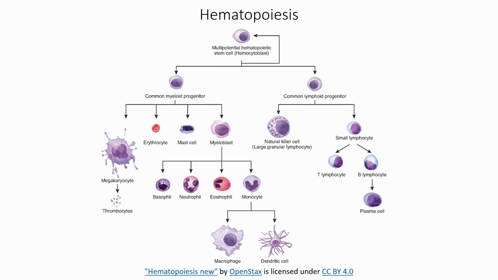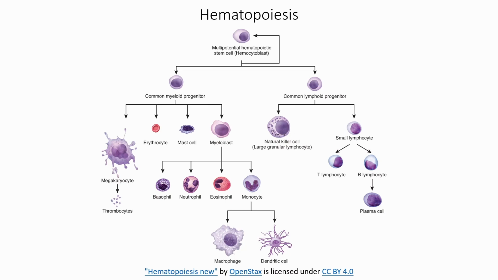This multipotent stem cell can then specialize a little bit to either a common myeloid or a common lymphoid stem cell. We then become a megakaryocyte, an erythrocyte, a mast cell, or a myeloblast if we're on the myeloid progenitor side. The megakaryocyte is what leads to thrombocytes, which would be your platelets.